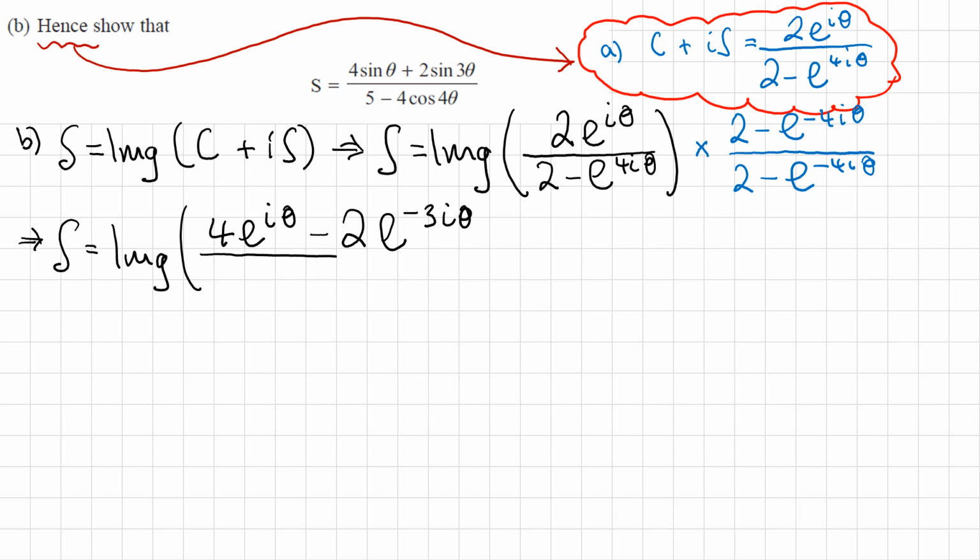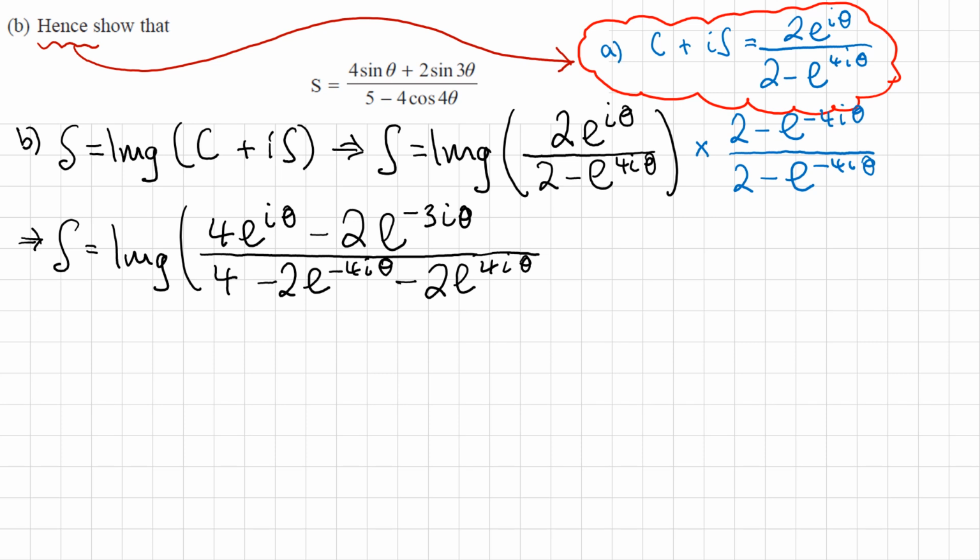Okay, now we'll do the denominator, and this is the special part that's going to simplify it. We'll do 2 times 2, which is 4. Then 2 times the negative e to the negative 4i theta, so you get negative 2e to the negative 4i theta. And then we'll times this by 2, so this will be minus 2e to the 4i theta.